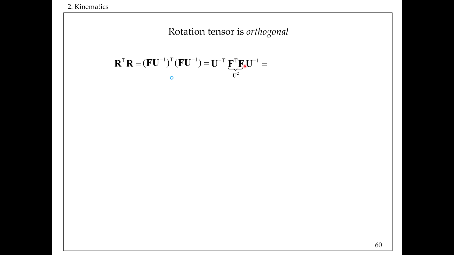Now naturally we came to the situation where we have here this U, and F brought together, F transpose F. That was in fact our tensor C, the right Cauchy-Green tensor, which is also by definition equal to U squared.